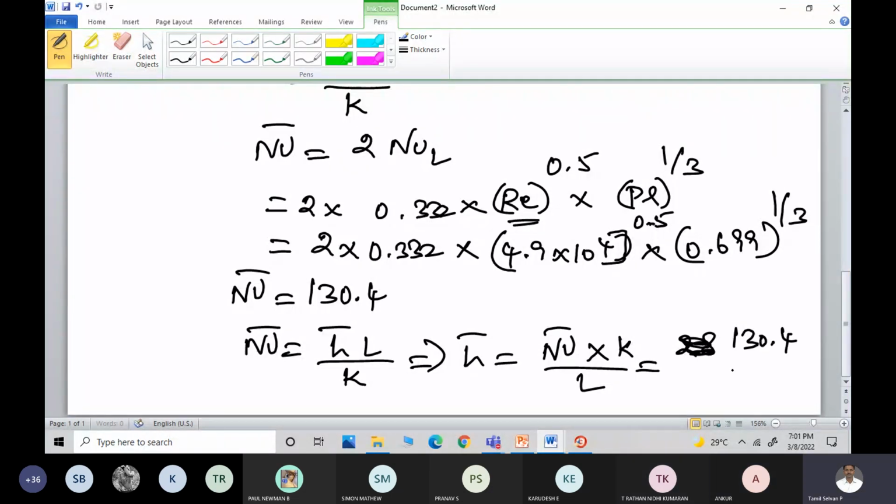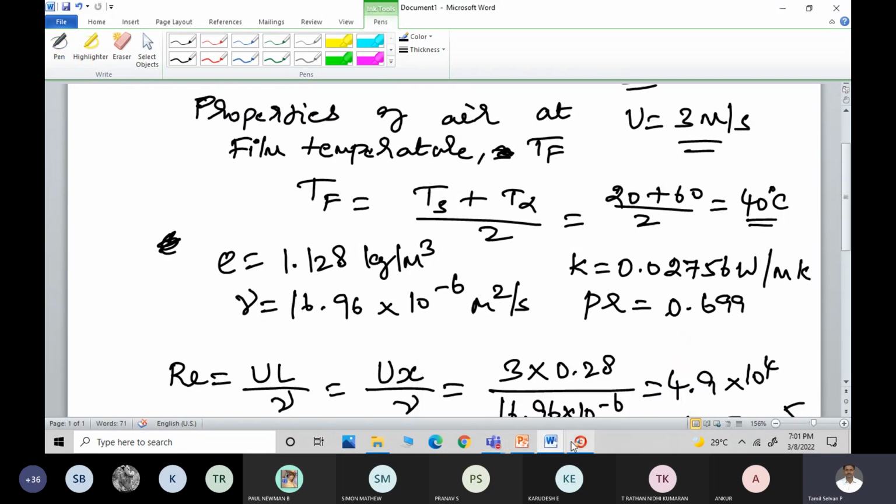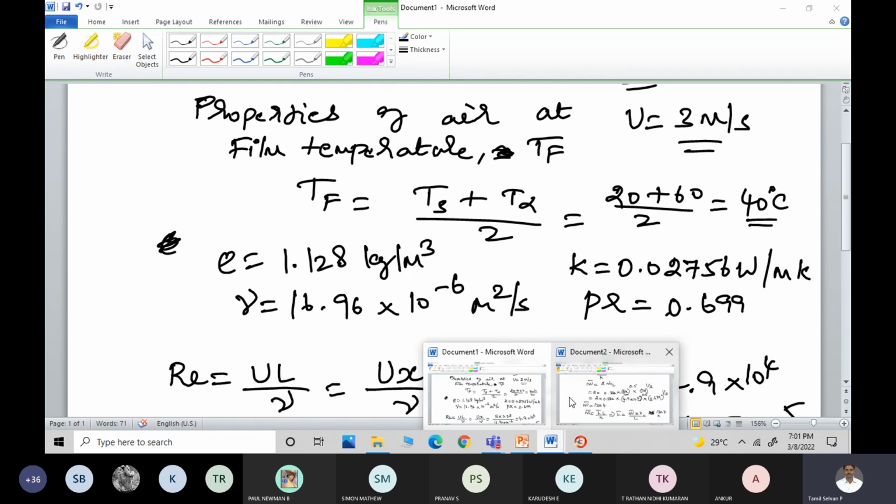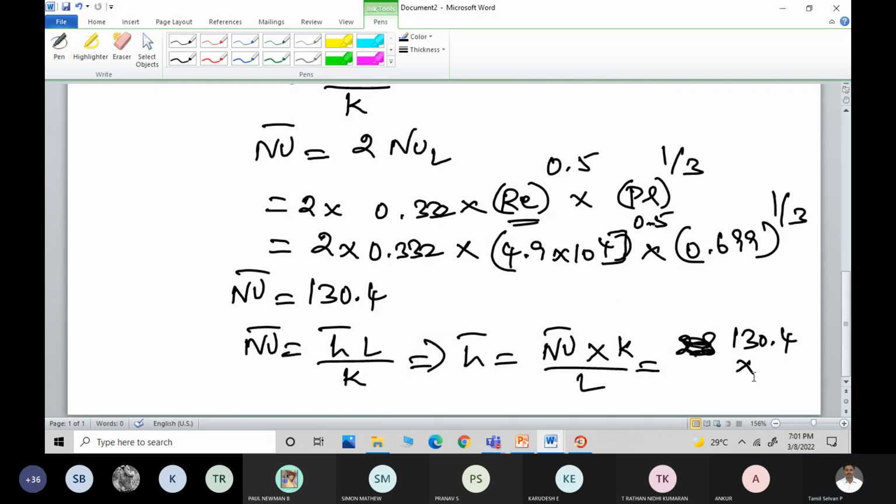Now 130.4 into the K value. K value we got here as 0.02756, divided by L. L is nothing but X, which is 0.28.